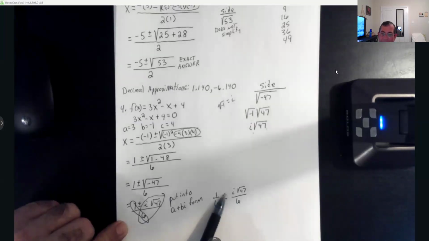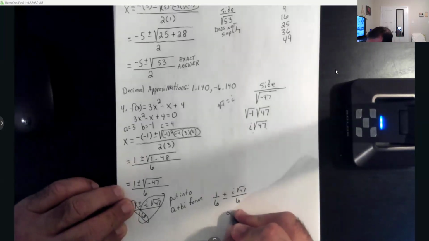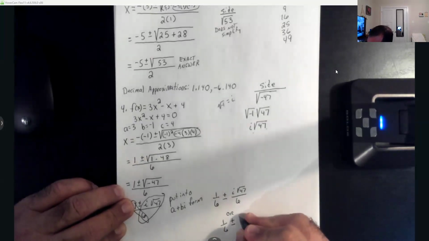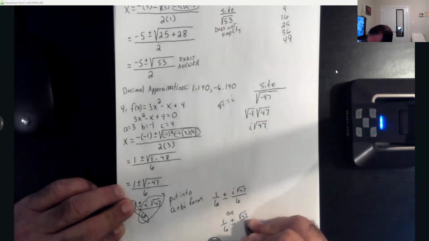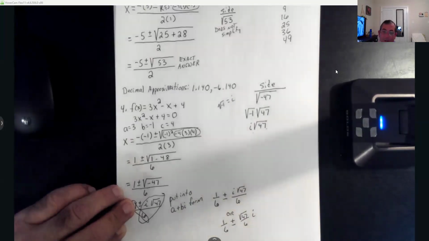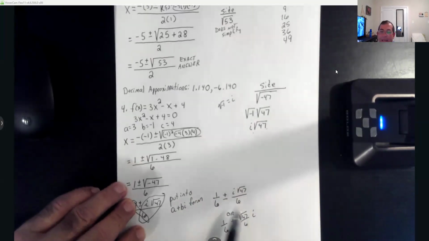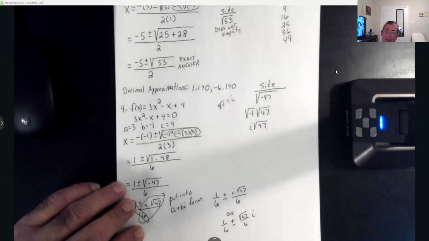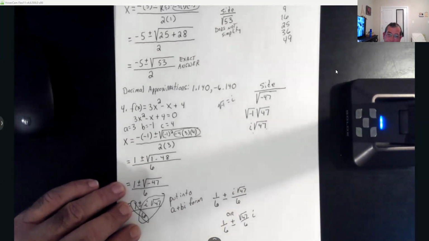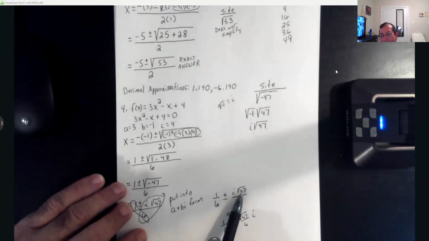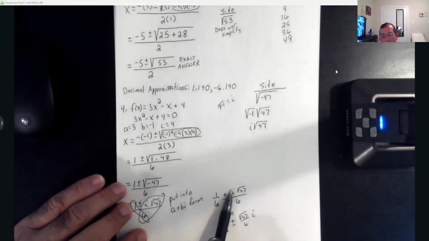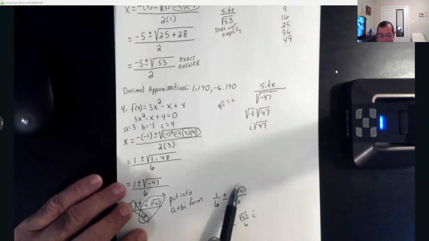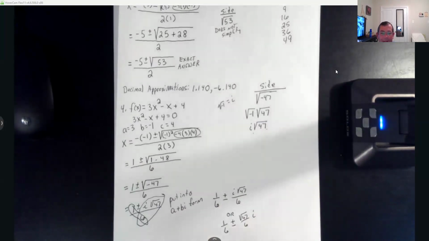It'll take it like this, or you can do 1/6 plus or minus square root of 47/6, and then do your I. It'll take it each way as long as you don't put the I under the radical, okay? That's why usually if I got a radical left, I usually just throw the I out front. Then you won't get it mistaken for being under there, okay?